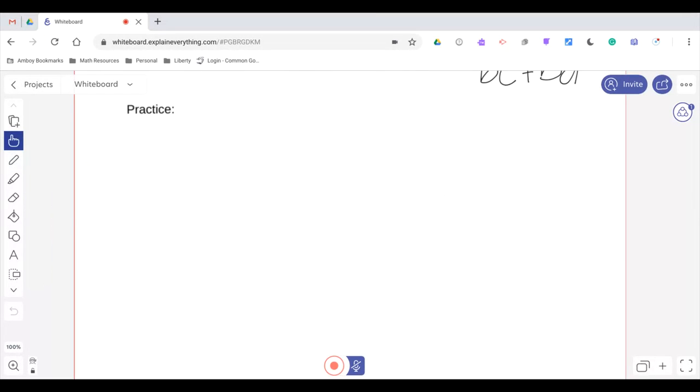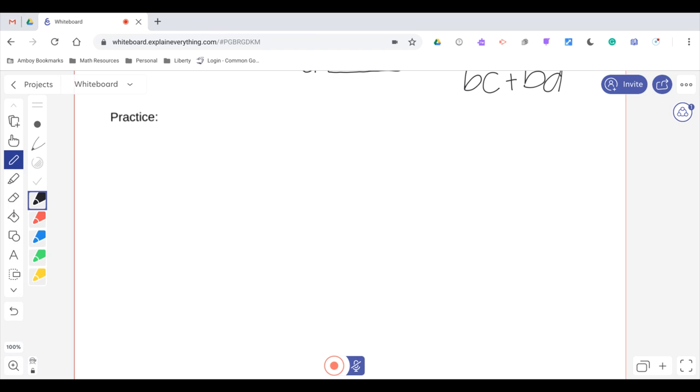Okay, so let's do a couple practice problems, because I think just trying it is going to be best. So let's have 3x plus 1 times 2x minus 7. I will do this one with the FOIL method, and then I will do the next one with the box method so that you can pick from there.